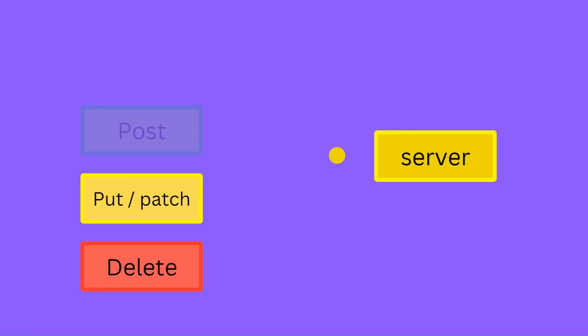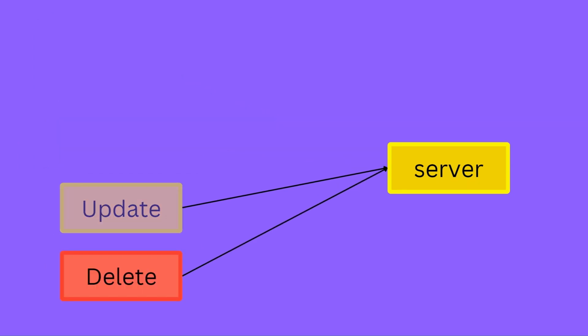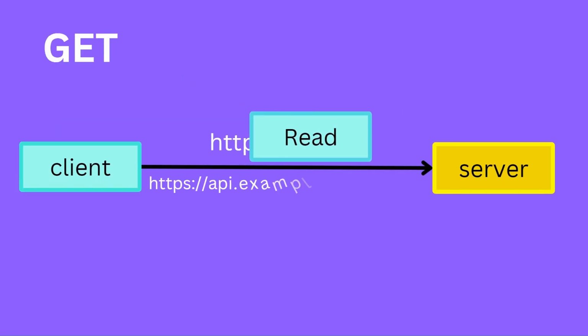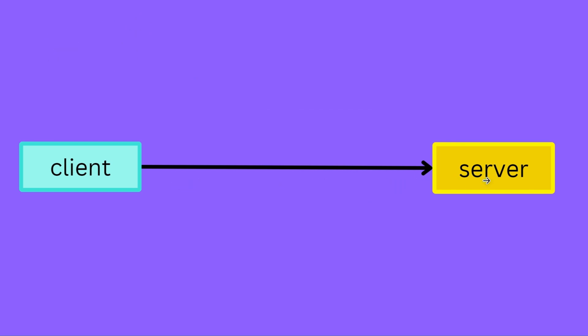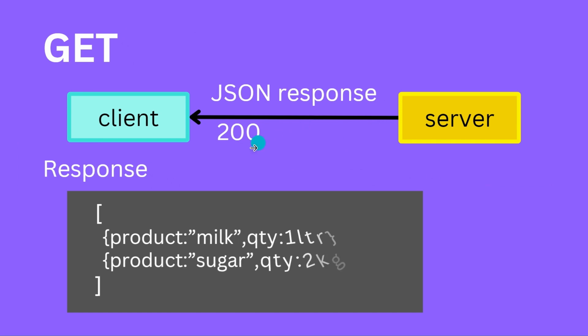So now let us come back to the client and server. For the get method, the client will send the read request to this URL, api.example.com. It is a sample URL I have given, and I am trying to fetch the list of products from the server. It will use the HTTP protocol along with the get method and hit the server.